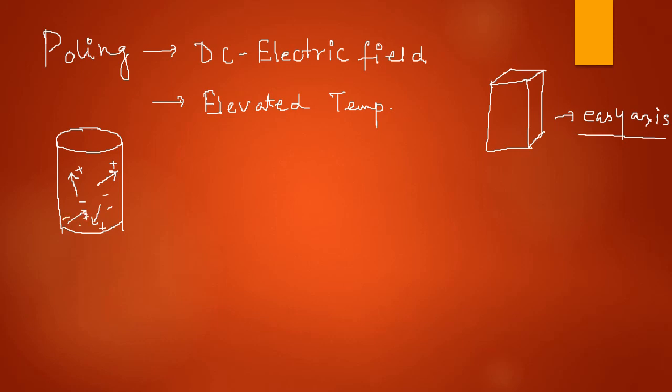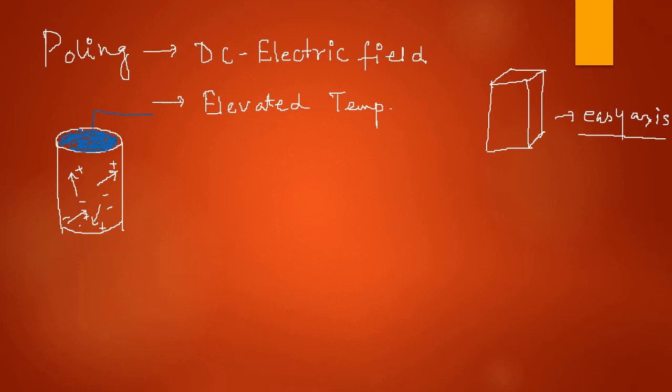Now if you apply an electric field, you have to put an electrode over this surface, or the whole surface can be electroded, this surface and the other surface.